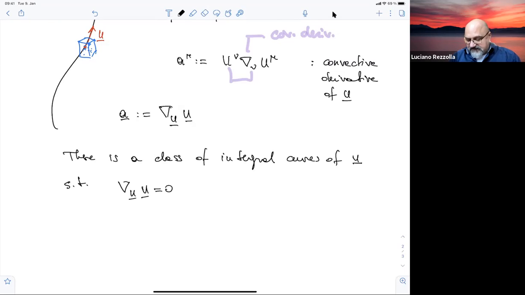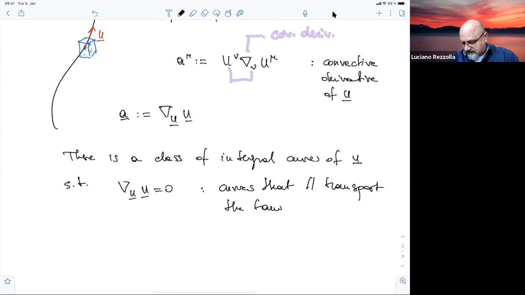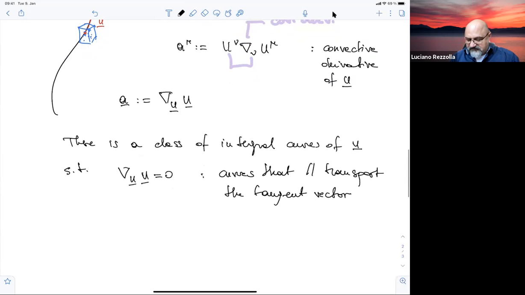These are the curves that parallel transport the tangent vector. Why is this a parallel transport?